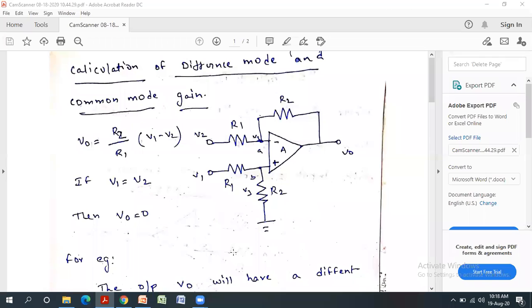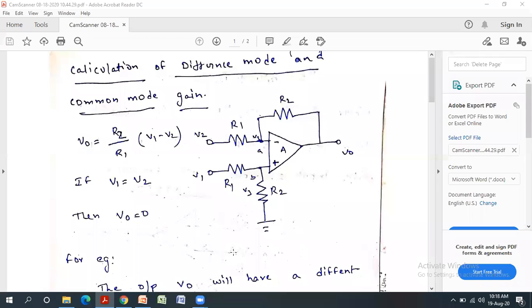You are saying that the operational amplifier is ideal. We designed a differential amplifier with an ideal operational amplifier. If it is ideal, how does the response happen? How does the common mode component happen? Some of the people raised this question in yesterday's class.